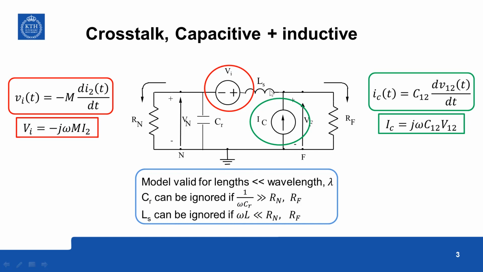Similarly, the series inductive impedance L can be neglected only if it is far less than the impedance at the near end and the far end. At very high frequencies, sometimes these conditions may not be true. So one has to really check these two conditions before removing this capacitance and before removing this inductance.